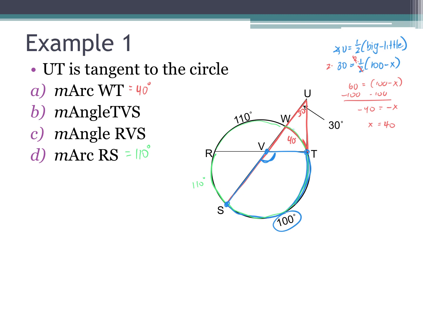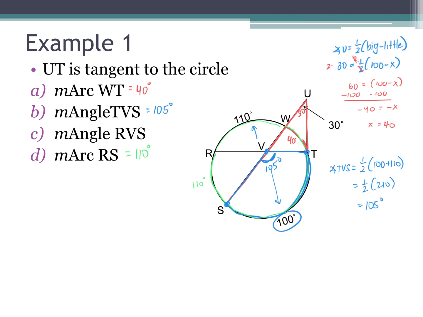And so the formula for angle TVS, because it's in the circle but not in the center, is half of the sum of the intercepted arcs, which is the 100 here, plus the 110 there on the other side. So TVS is half of 210, or 105 degrees. So this angle is 105 degrees.